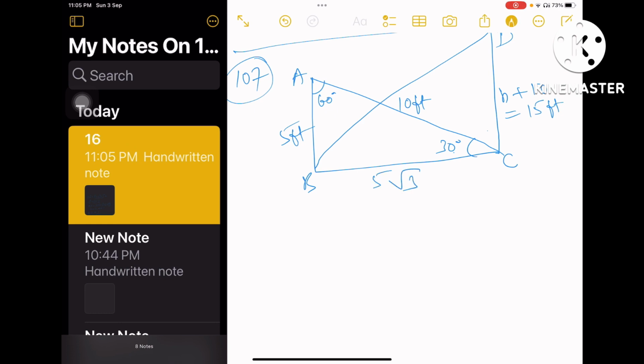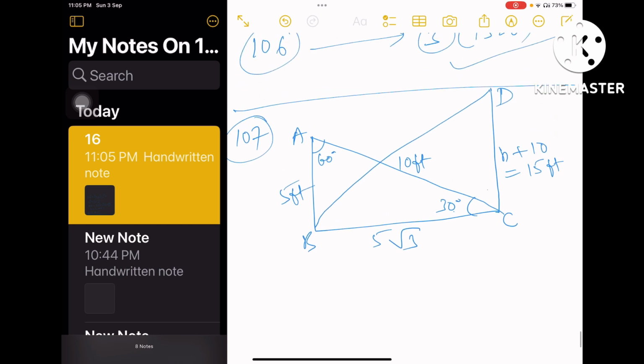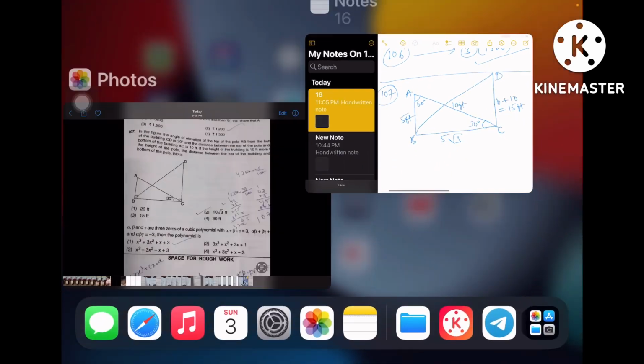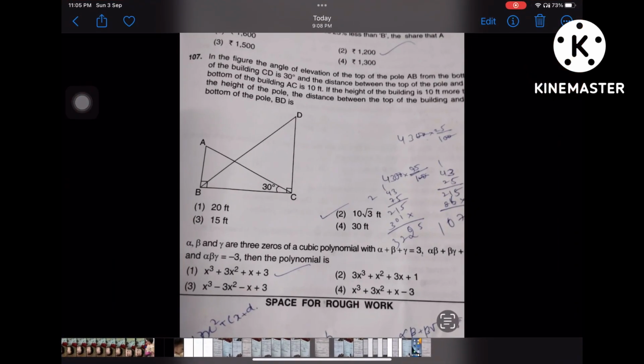Now because we are seeing DC in the question, the height of the building is 10 feet more than the height of the pole. Height of the pole has come to be 5 and the height of the building is 10 more than that, so it will be 15.